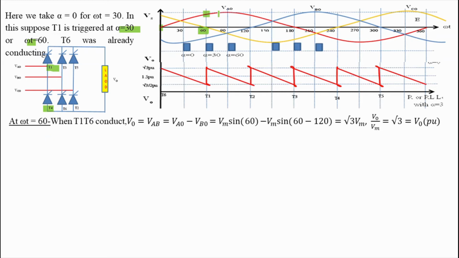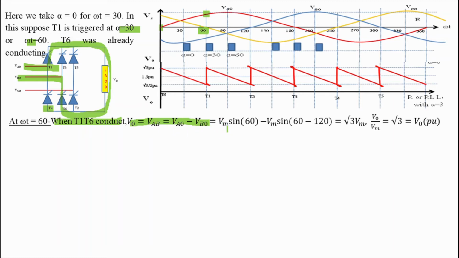So when we trigger thyristor T1 and T6 was already conducting, we will get T1 T6 conducting, and we will get this circuit path. This is T1 and this is T6. So we get output voltage V0 is equal to Va0 minus Vb0, where Va0 is equal to Vm sin omega t.